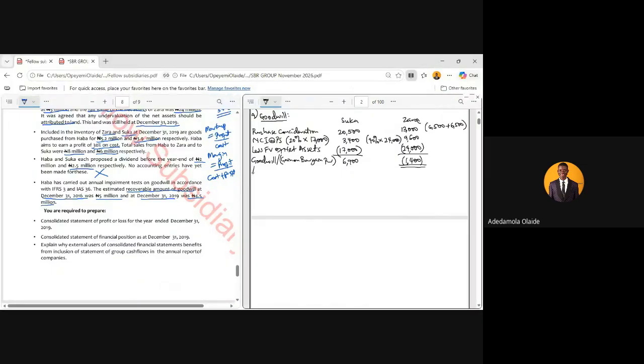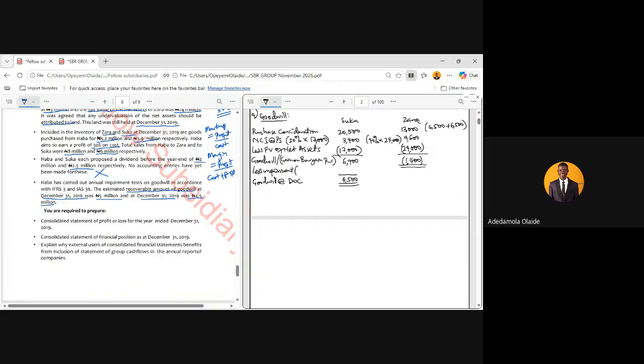So I'll say less impairment. How much is impairment? If the recoverable amount of the goodwill is 4.5 million at the end of the year, that means goodwill at date of consolidation is 4.5 million, because the recoverable amount is lower than the carrying amount.